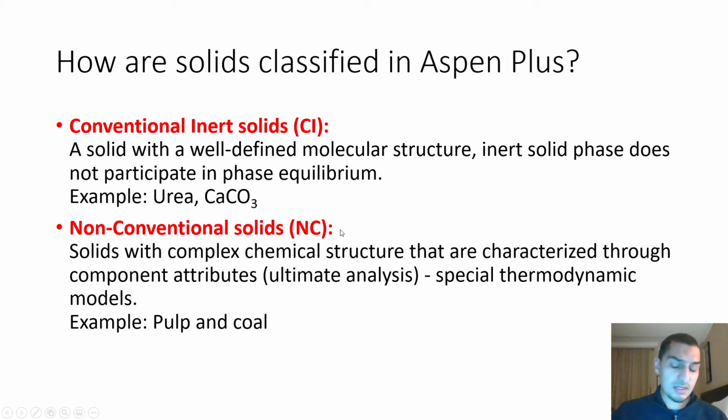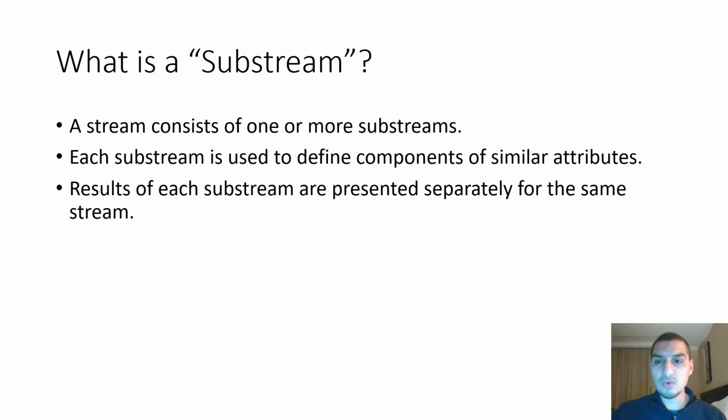Now let's talk about what is called the substream. This is something in Aspen Plus that we need to understand well, because it will let us understand some things that we didn't understand or visit before.